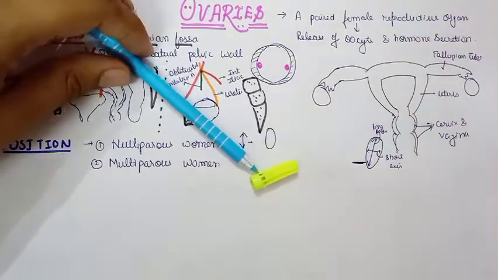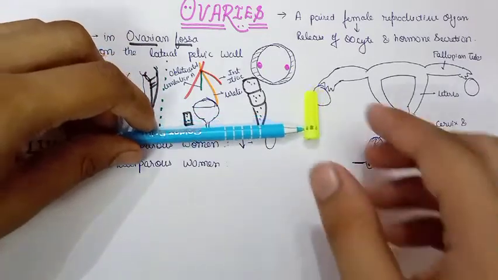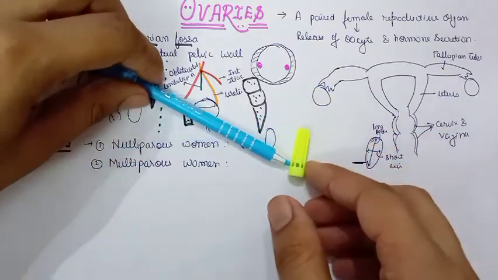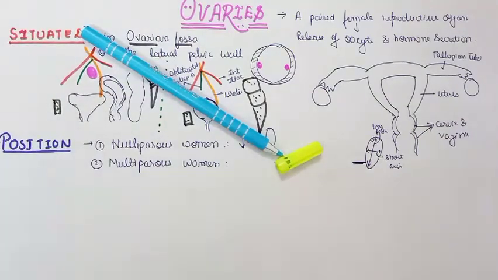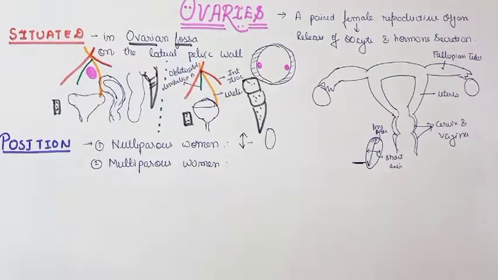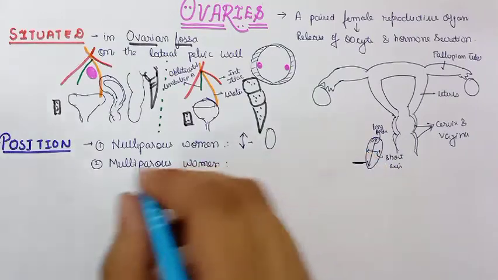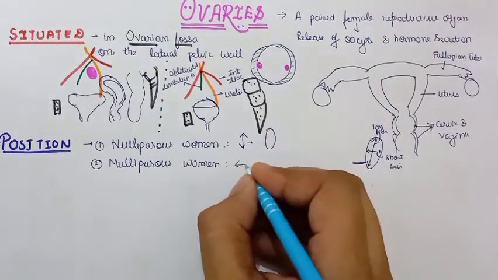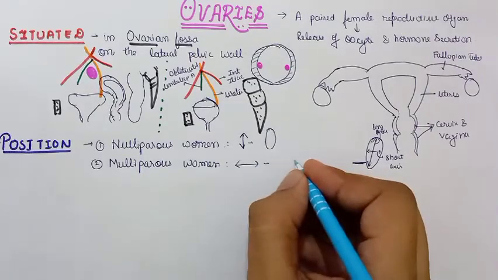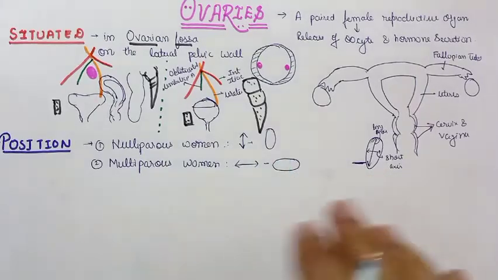So earlier in nulliparous woman, the ovary was vertical, but it changed to horizontal due to the pull by the ligaments of the uterus, which are attached to the ovary. So what is the scenario in the multiparous woman? In multiparous woman, the ovaries are oriented horizontally, or the long axis of the ovaries is oriented horizontally.